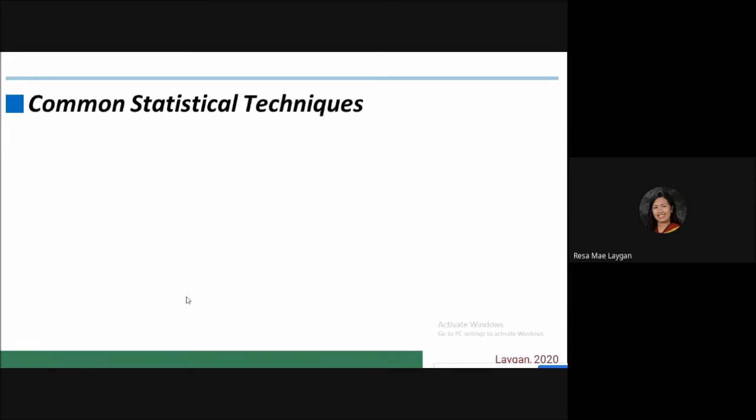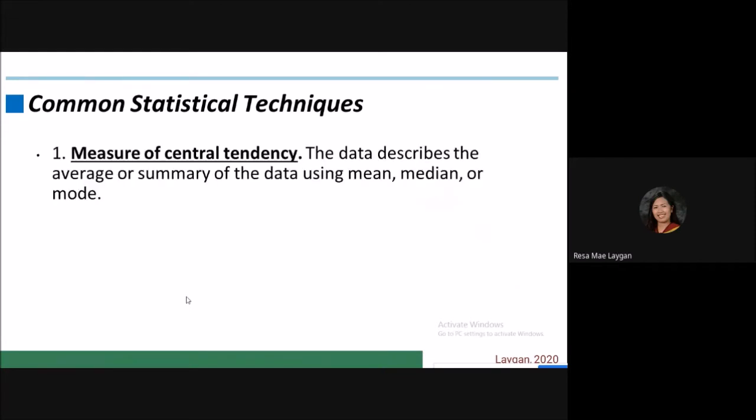We also have common statistical techniques, and we have the measure of central tendency. In the measure of central tendency, the data describes the average of the data using mean, median, or mode. So these are familiar. Here you have to find the center or the average.